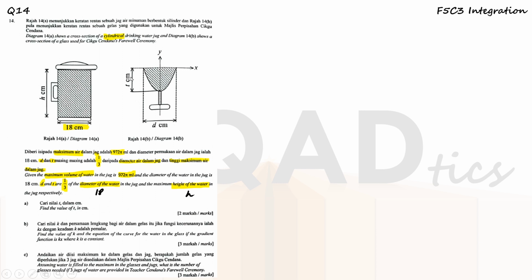So we can use the volume of a cylinder to find the value of H. The volume of the cylinder is 972 pi, and the formula is pi r squared H, correct? We sub r with 9, because the diameter is 18, so we divide by 2 to get the radius, which is 9.